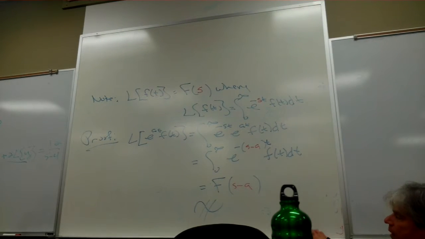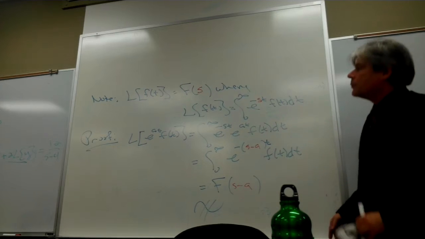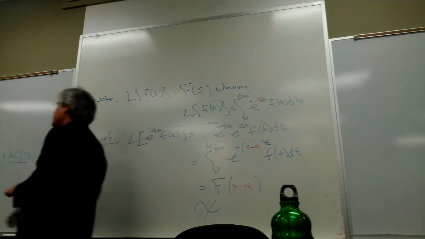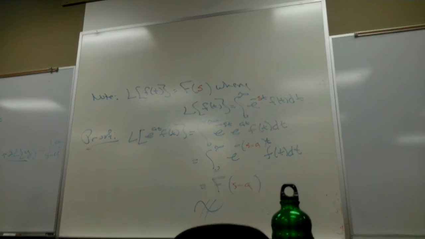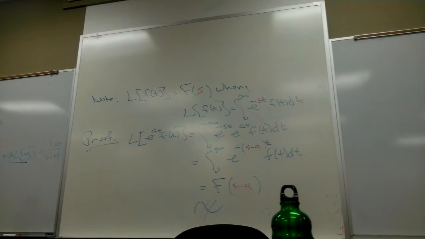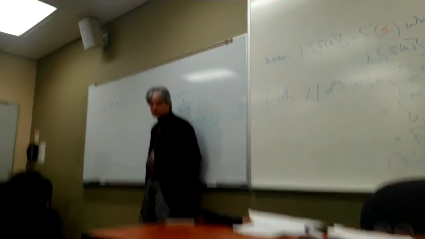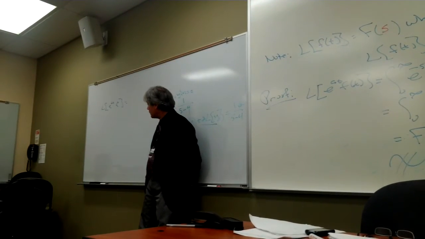So you guys, maybe not solving the DE yet, but just messing with Laplacing with these shifts. What can you say about the following? So it's big F of s minus 2.